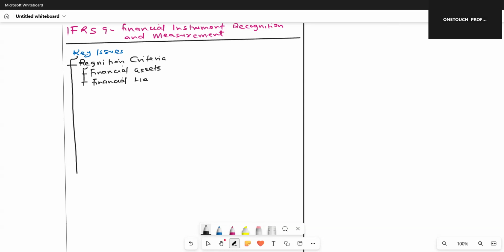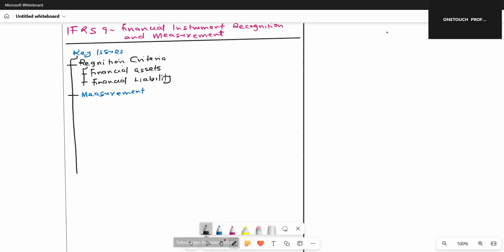Once we have the assets, the financial liability too is very simple. Then we can look at the measurements.